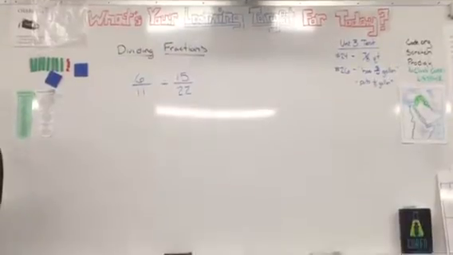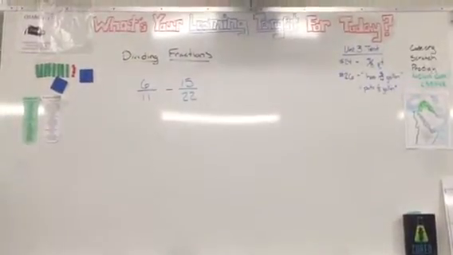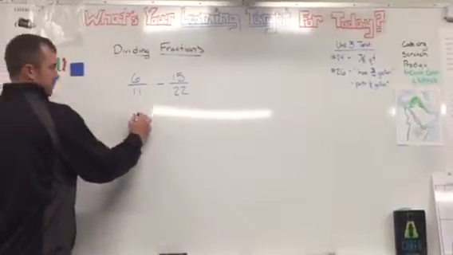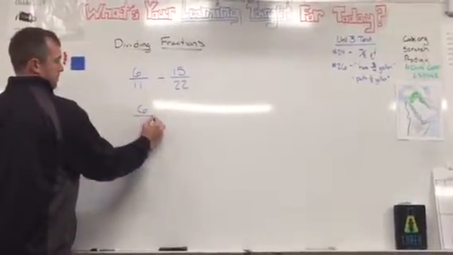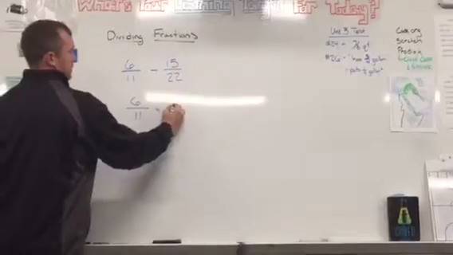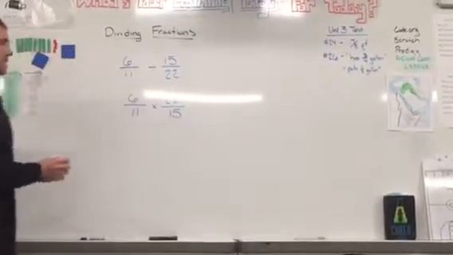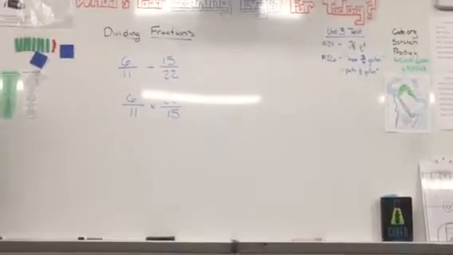Okay. What would my new problem read? Jason, what would my new problem read? 6/11 times 22/15. You're exactly right. Nice job. 6/11 times 22/15.